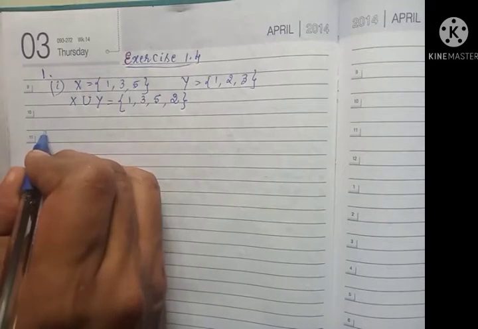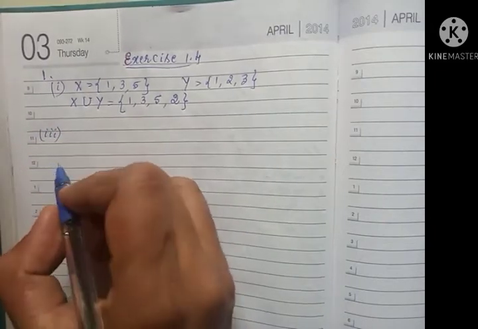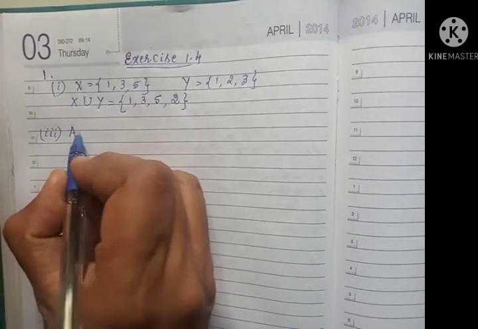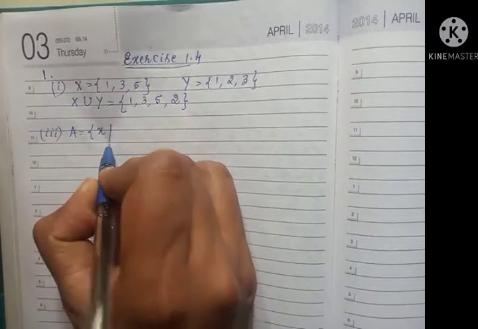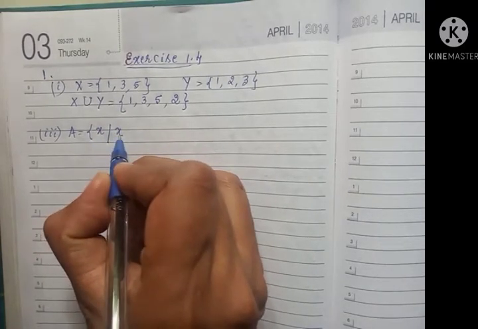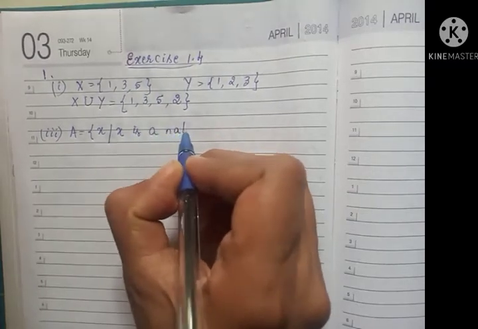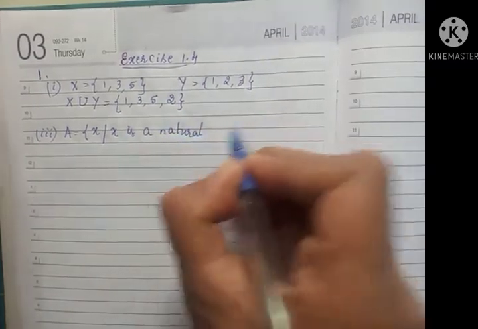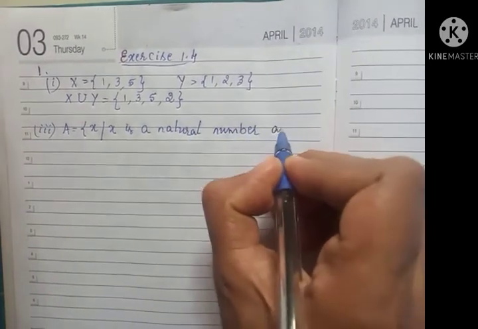I'll take the third one. The second problem is similar to the first one. Here the set A is given in set builder form. You know set builder form: the collection of all x such that x is a natural number and a multiple of 3.